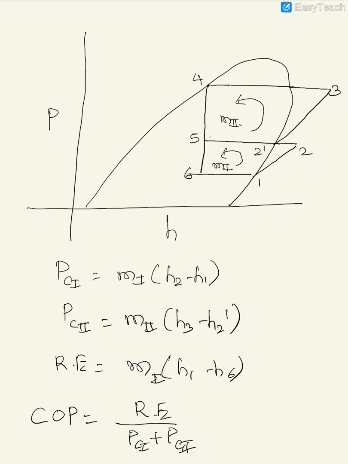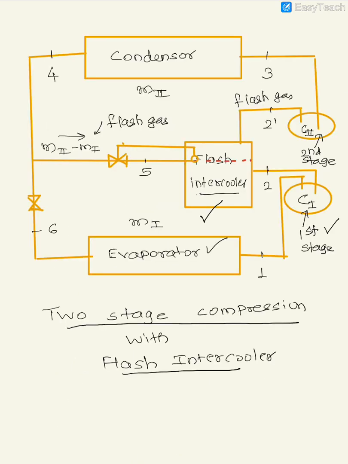So what is important in this case is we need to understand how these expressions have come, and we need to determine this M1, M2, and hence the COP from the energy balance. What is the energy balance for this flash intercooler? This is the energy in, this is the energy in, and this is the energy out.